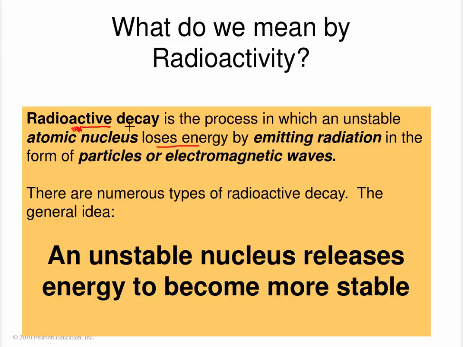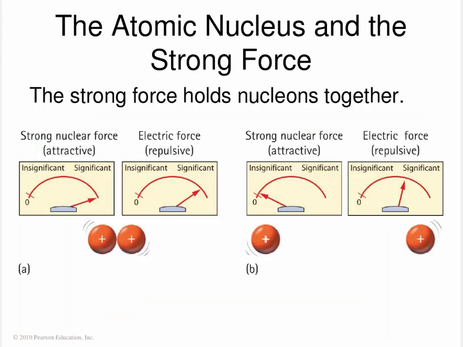The nucleus is going to try to emit some form of energy. That energy could be in the form of particles, like an alpha particle or a beta particle, or it could be in the form of an electromagnetic wave, like a gamma ray or even an X-ray. Essentially, what it boils down to is unstable nuclei want to get rid of energy. They want to become more stable.